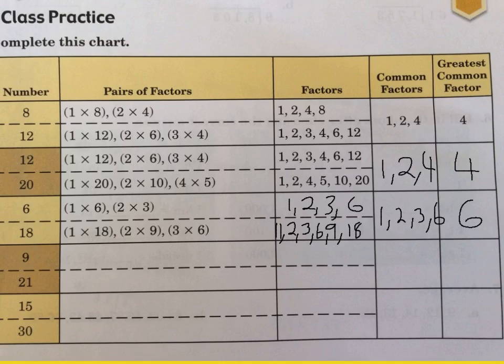Okay, 9, we have 1 times 9, and 3 times 3. So I'm going to write 1, 3, 9. For 21, we have 1 times 21, and 3 times 7.